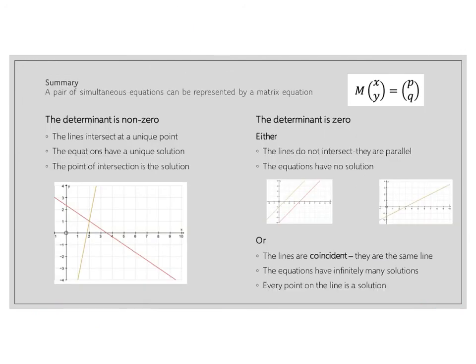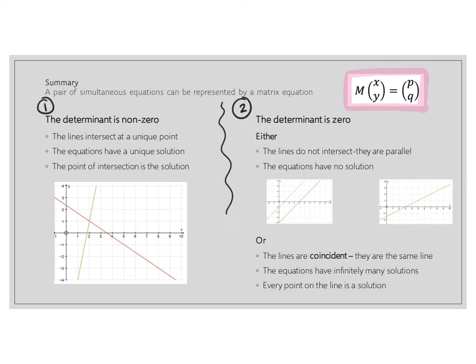So we're going to summarise everything we've discussed so far on this last slide. A pair of simultaneous equations can be represented by a matrix equation. Here it is. Now, there are two possibilities. 1, the determinant is non-zero, and 2, the determinant is 0.